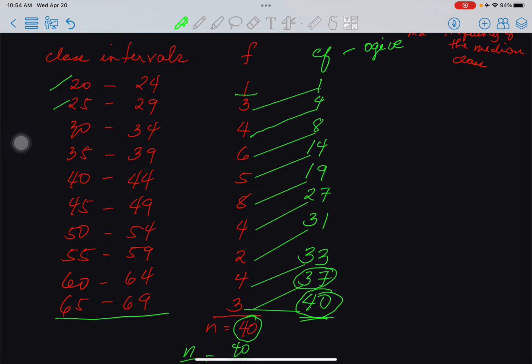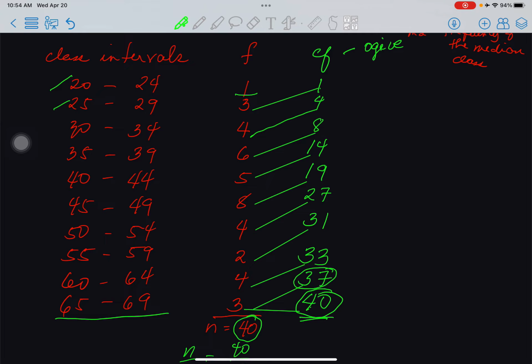If you begin from your lowest class interval, you need to add. If you begin from your highest class interval, you start from the total number of frequency, then you subtract.